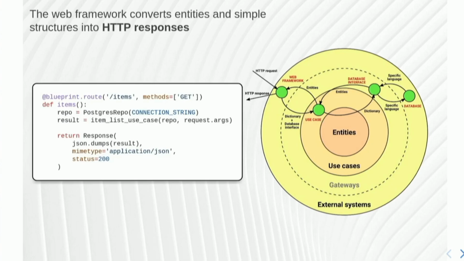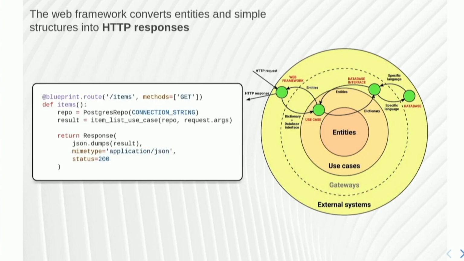For example, JSON. Okay, this is the task of the web framework. My use case doesn't know anything about JSON, doesn't care, because the use case is okay with entities. It's part of my business. This is the journey of the data in a clean system, at least in this example, in a clean architecture.